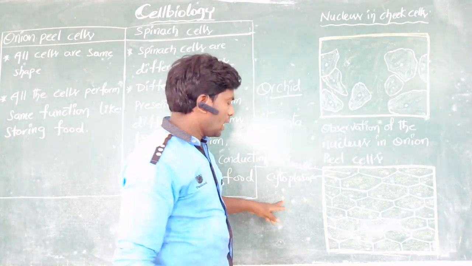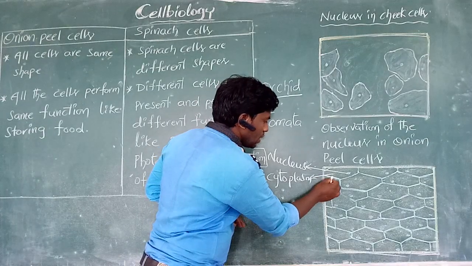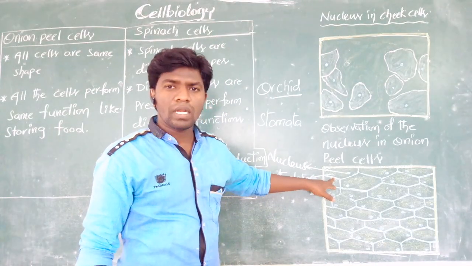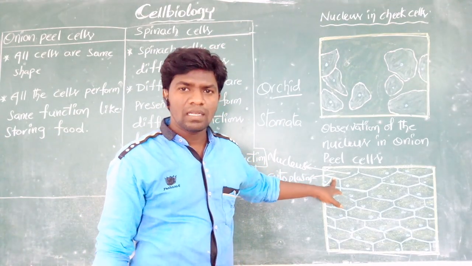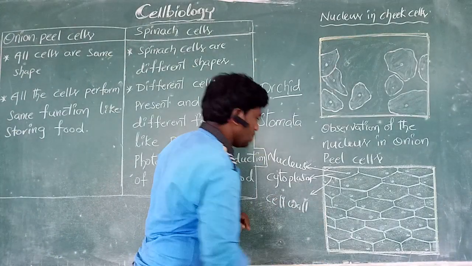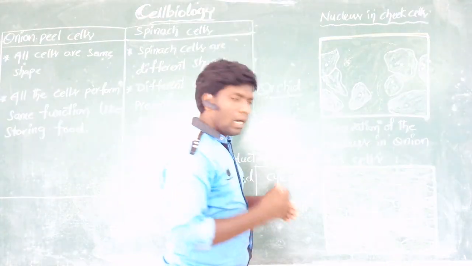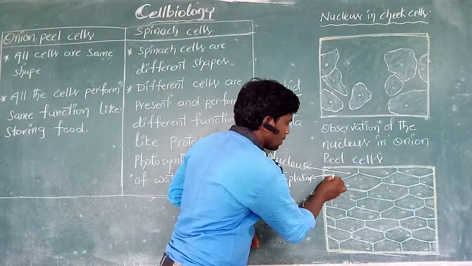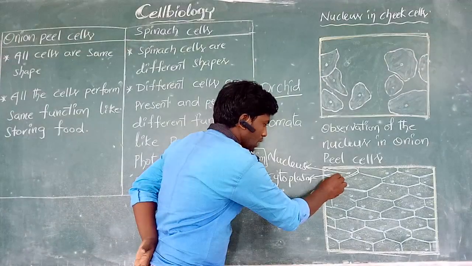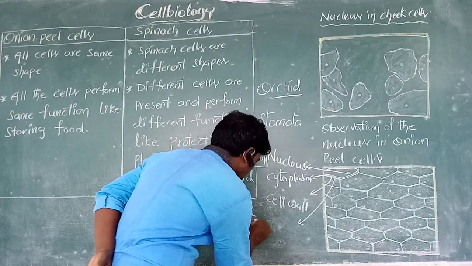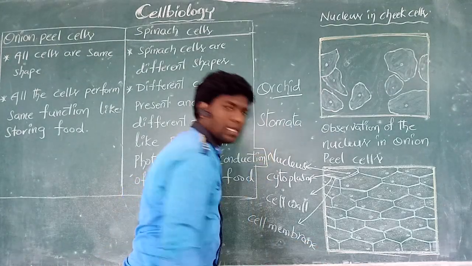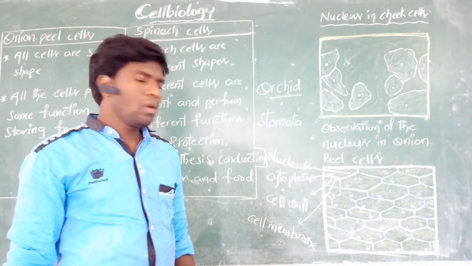Next, the outer covering of this cell is the cell wall. Under this cell wall, a cell membrane, or plasma membrane, is also there.